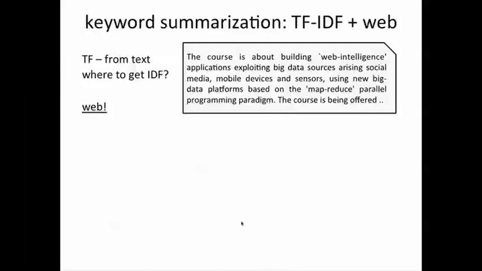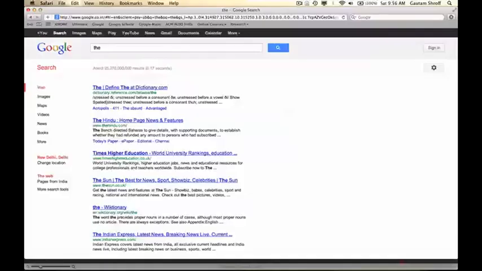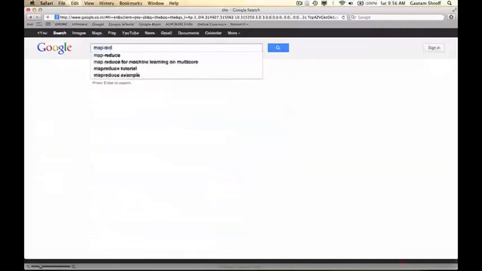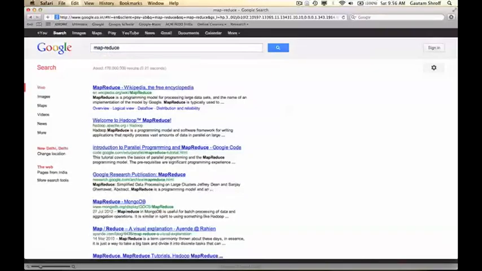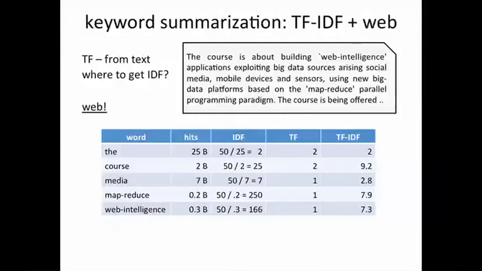So let's see what we get by searching for the different words in this paragraph. Searching for "the", we get around 25 billion results. Searching for "MapReduce", on the other hand, we get close to 200 million results. We can similarly calculate the number of hits we get for the other words in this paragraph.